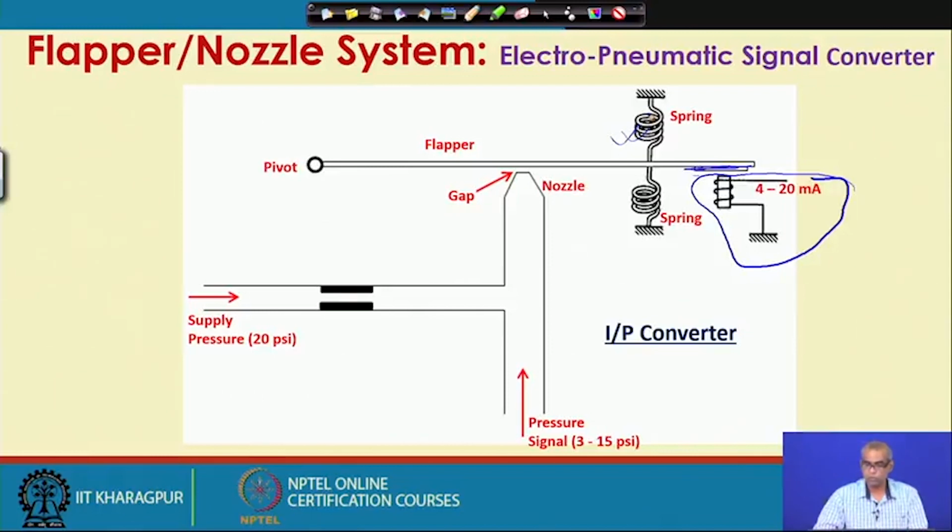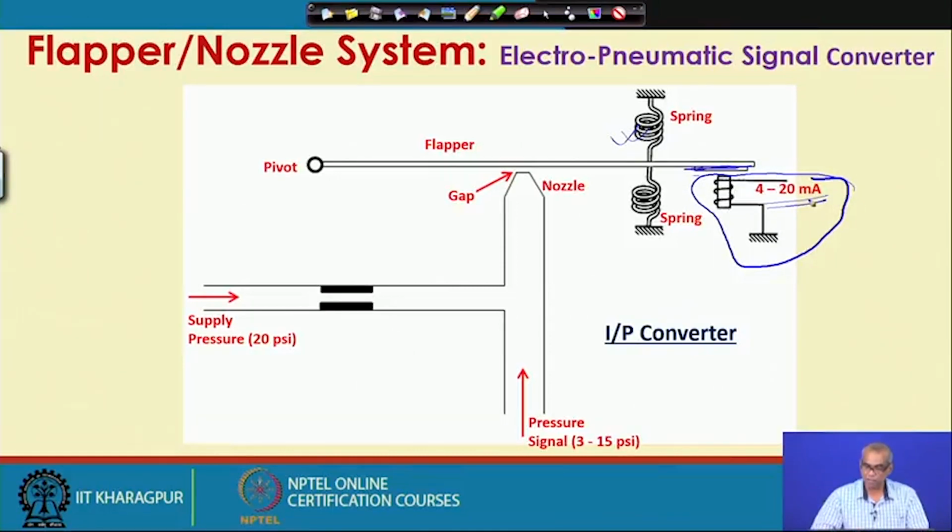Now, the magnetic strength will depend on the strength of the current in the range of 4 to 20 milliampere. On the lower range it is 4, on the higher range it is 20. So, the strength of the pull will also be low when 4 milliampere current is being passed, and it will be high when 20 milliampere current is being passed.